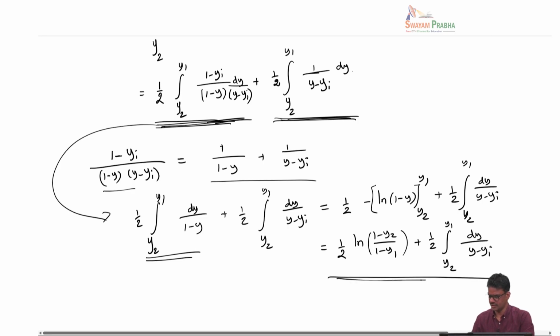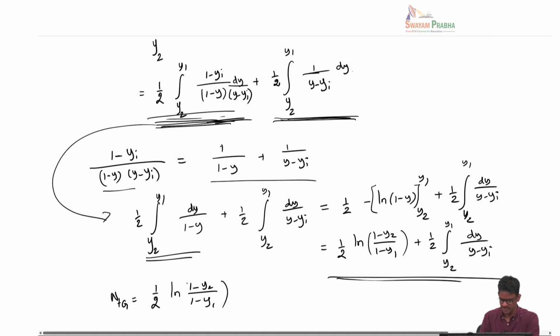So this entire term is for this. Now let me substitute this here. So I will have NTG equal to 1 by 2 ln of 1 minus y2 over 1 minus y1, plus 1 by 2 integral from y2 to y1 of dy by y minus yi, plus this term.